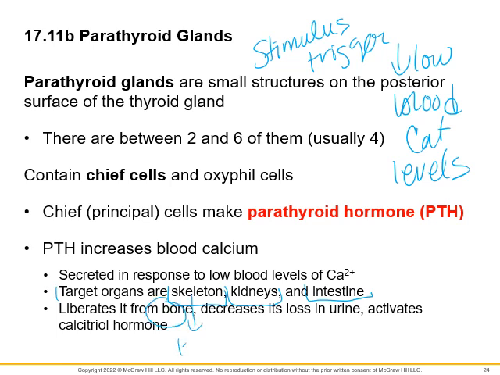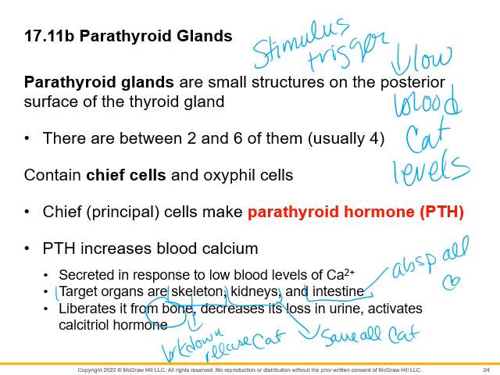So bone breakdown, release calcium. Kidneys, save all calcium. Intestines, absorb all calcium. So there are 3 target organs here. That should tell you that this is pretty important.